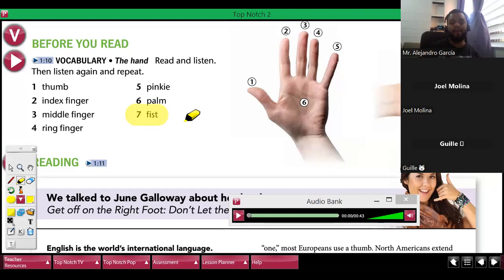No, right? Yeah, then we have another, number 3. What's that? Middle finger. I cannot show you the finger, but we have thumb, index, and this one is the middle finger, right? Then after the middle finger, what do we have?